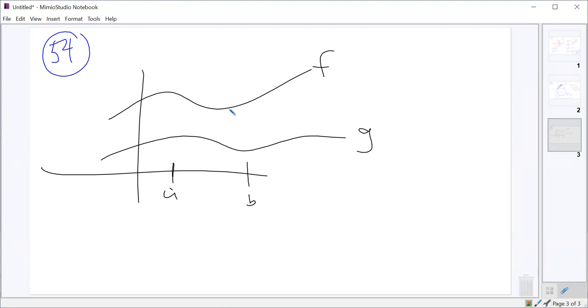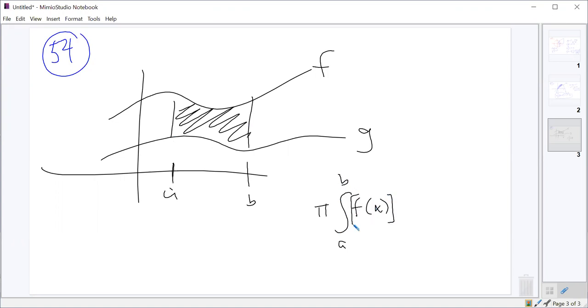We want to find the volume obtained when the region bounded by the curves is rotated about the x-axis. So we're just taking this and rotating it around the x-axis. Pi, integral from a to b of the outer radius, f of x, squared minus the inner radius, g of x, squared dx.